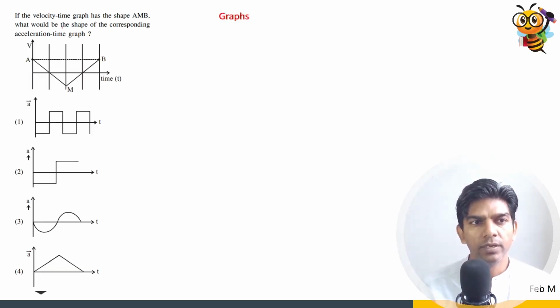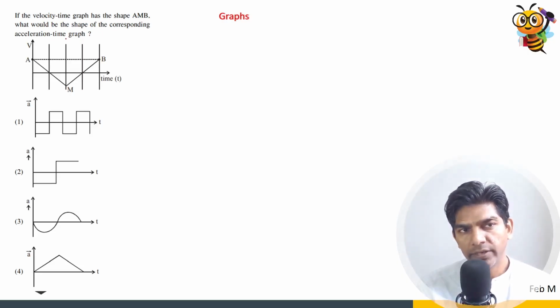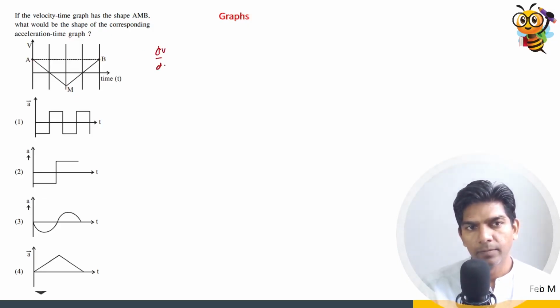Now let us see this question. If the velocity time graph has the shape AMB, what could be the shape of the corresponding acceleration time graph? If you look at AM, we have a negative slope, and we know that dv by dt gives us acceleration.